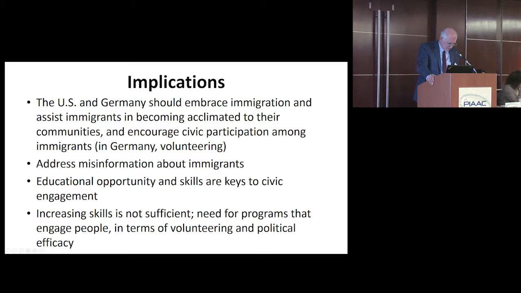We think also that efforts to improve adult skills might be necessary but not sufficient to increase civic engagement. Policymakers can't assume that efforts to increase literacy or other skills will automatically increase civic engagement. Better skills may contribute to attitudes such as social trust, but better skills may not lead to changes in behaviors, such as participating in voluntary work.